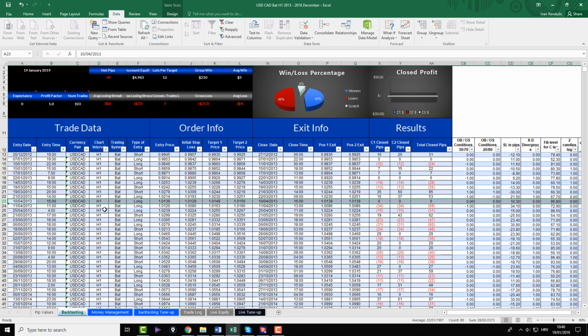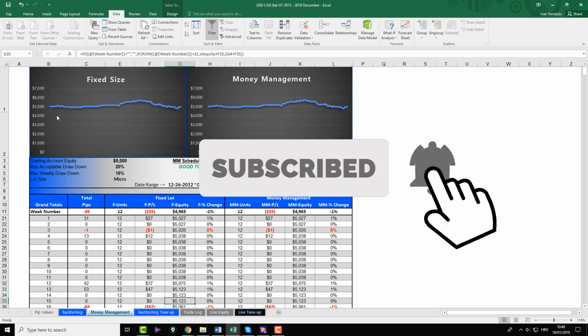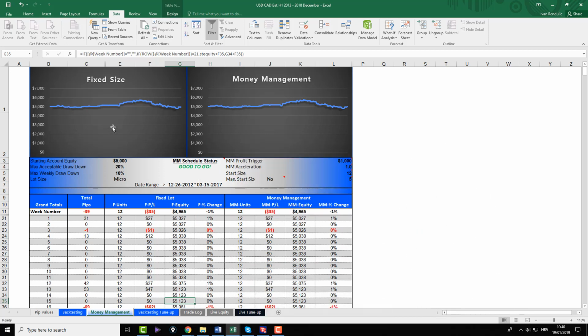I have all of this data here, and I see that over 103 trades, I netted minus 39 pips. When you go to money management, this is the equity curve. It says if I start with 5,000 bucks and I'm trading fixed size, then I would end up minus 1%.